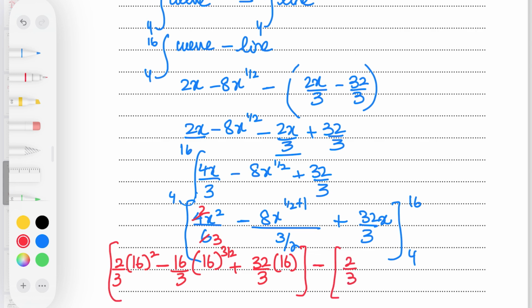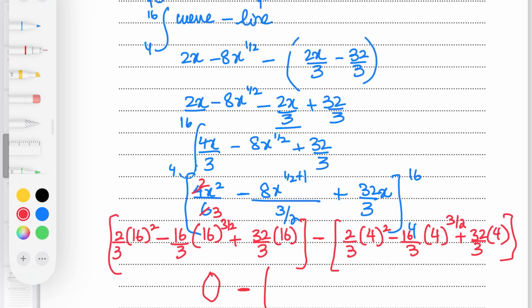Two upon 3. What do we get now? 0 with the upper limit, 32 upon 3 with the lower limit. So we get an area of minus 32 upon 3. I said because the area is below the x-axis, that's why it's coming as negative. So we'll consider the area as a positive area because area cannot be a negative value.